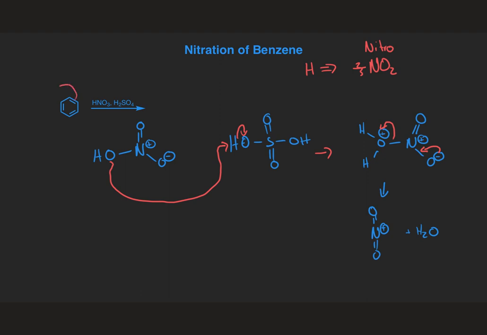And so this pair of electrons is going to come down and attack that positively charged nitrogen and generate this structure.